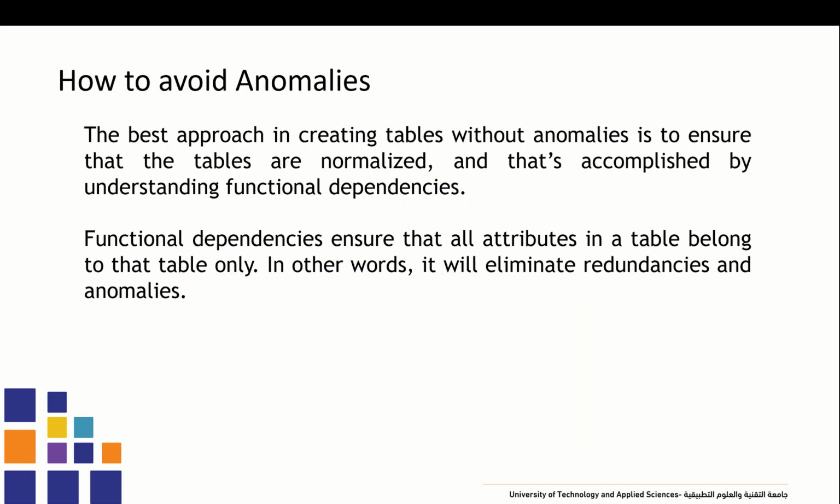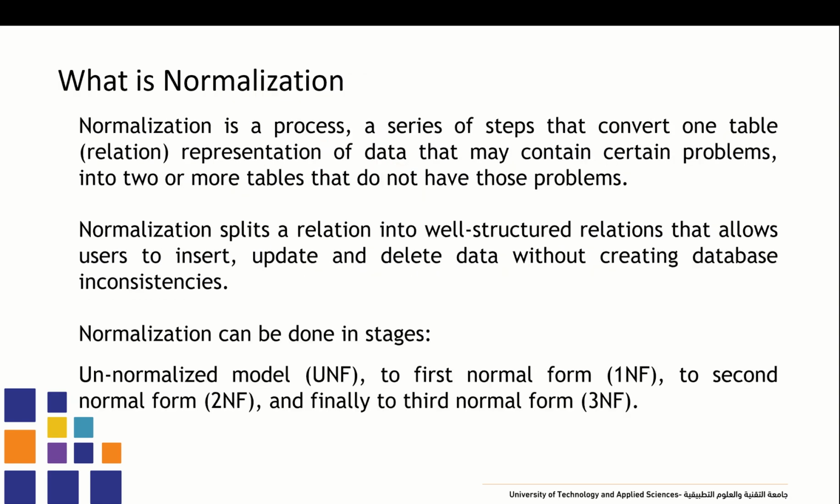So how to avoid these anomalies? You have to do normalization. Now let's see what normalization is. Normalization is a process, or a series of steps, that will convert one table into two or more tables that do not have these problems. What are the problems you will have in an unnormalized table? Insert anomaly, update anomaly and delete anomaly.